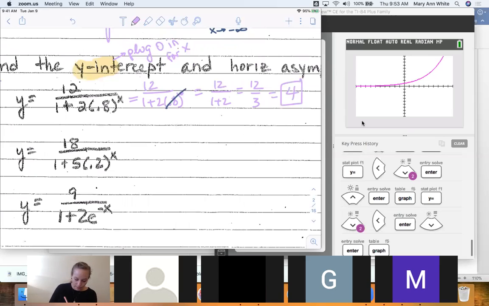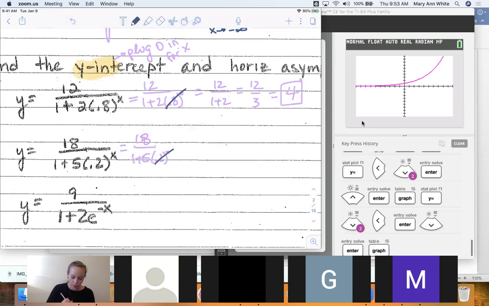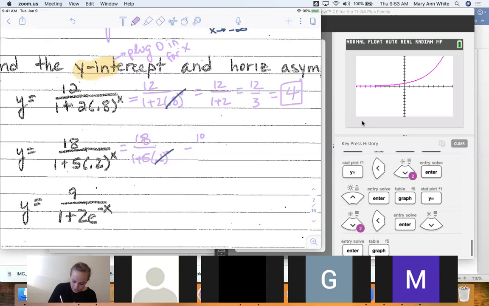Let's do another one. Same idea, plug 0 in for your x. I know I'm raising these decimals, these funny things, to 0, but because I'm raising them to 0, they cancel out and they go away, which is so nice. So I get 18 over 6. Oh, I went a little fast. 5 plus 1 is 6.